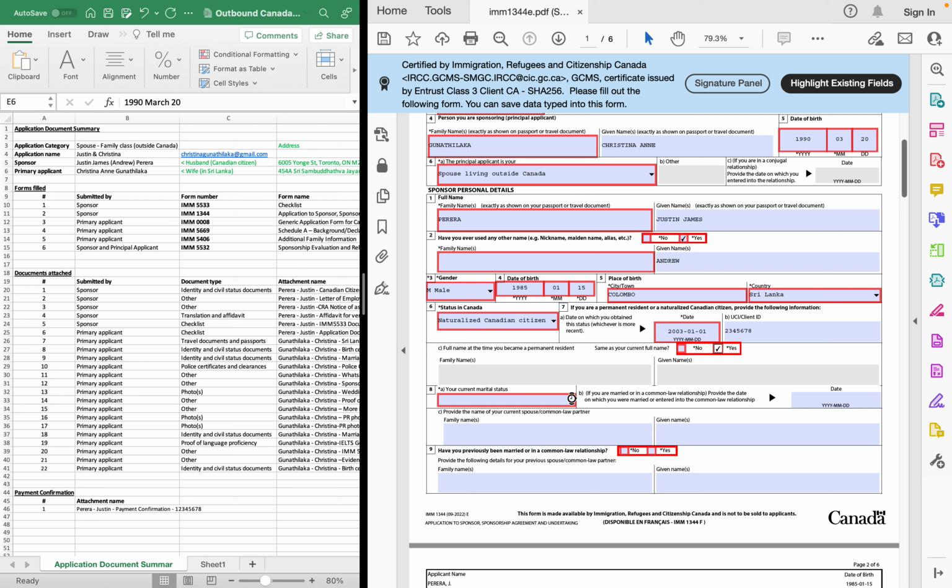Your current marital status, you are married. If you are married or in a common law relationship, provide the date on which you were married or entered into the common law relationship. So this means the date you were legally married.